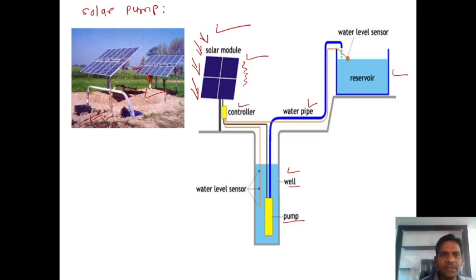After the solar energy is incident on the photovoltaic cells, there is a generation of electric current. Okay. After the generation of the electric current, this current is supplied to this pump. This pump will be operated, and with the help of this pump the water is lifted from the well through this water pipe into the reservoir. So this is the basic design, diagram and explanation about the solar pump.